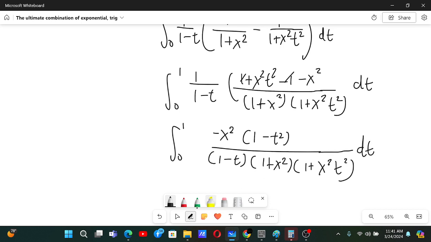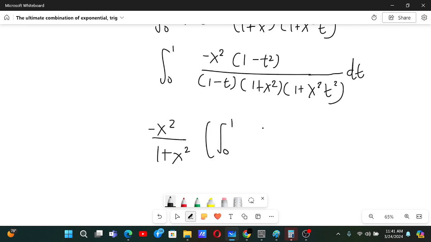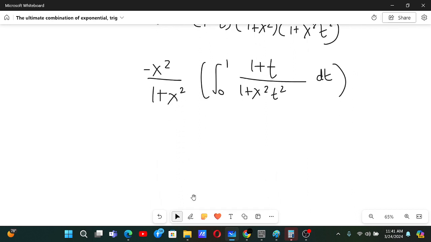Now we can take minus x square, and note that we also have to integrate the result that we will get. Integral from 0 to 1 of (1 plus t) by (1 plus x square t square) dt. Now this one is easier to integrate. We can integrate part by part: minus x square by 1 plus x square.